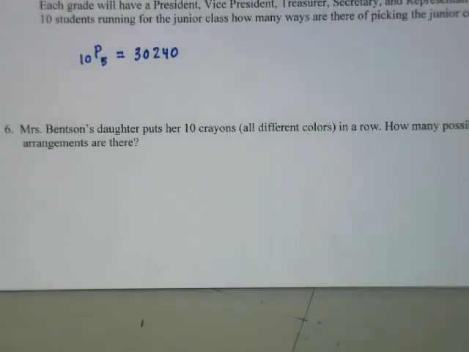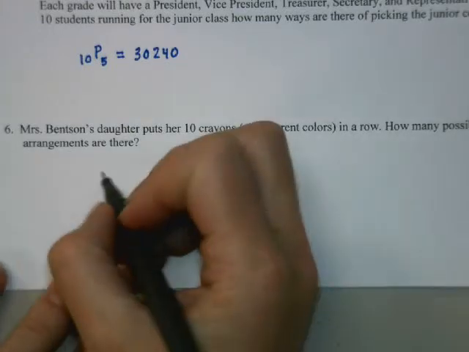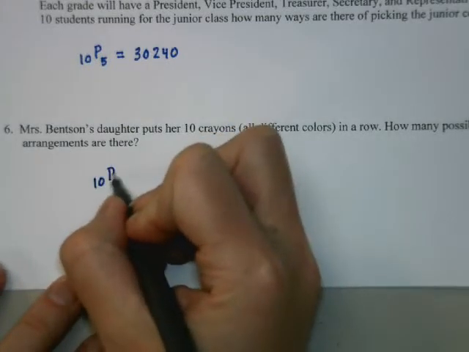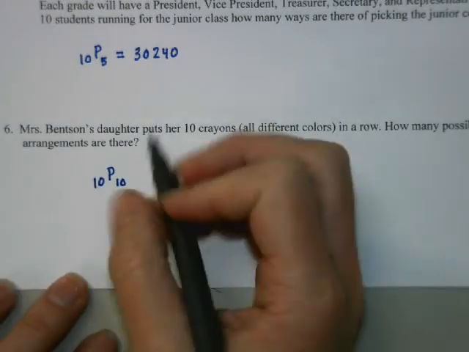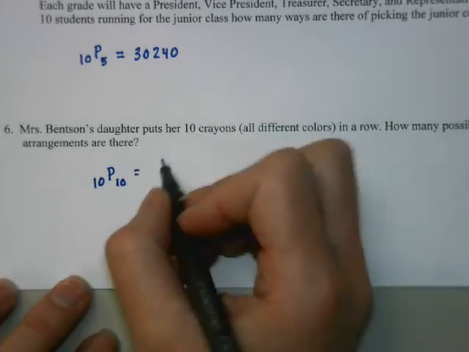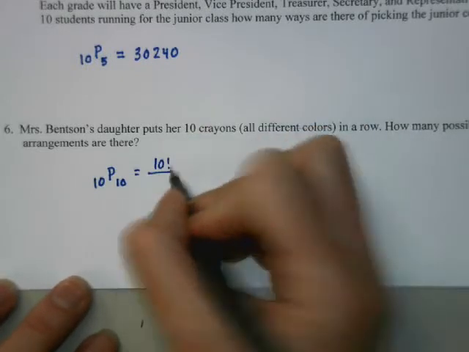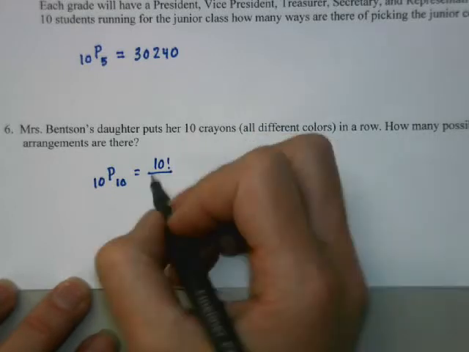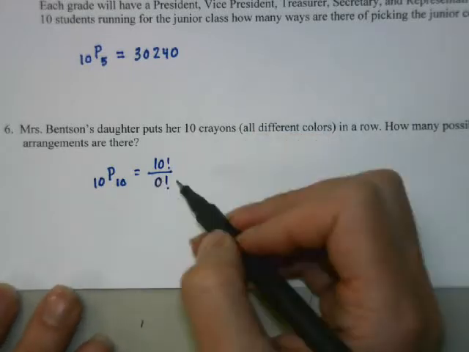All right. My daughter puts her 10 crayons, all different colors, in a row. How many possible arrangements are there? So this again is going to be a permutation. It'll be 10P10. So just as a reminder for the formula, that's 10 factorial over 10 minus 10 factorial, which would be 0 factorial, which is just 1.